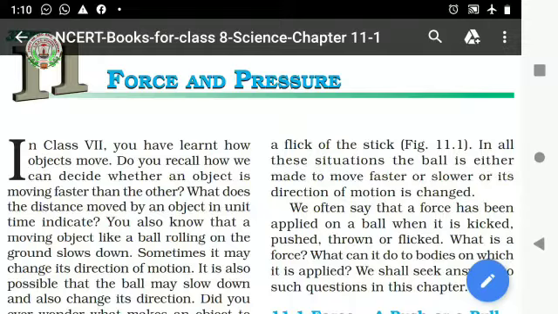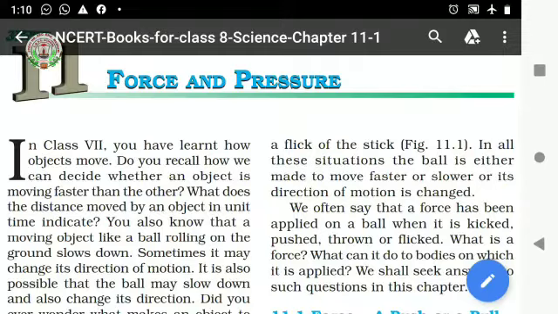In the previous class, you have learned how objects move. Can you recall how we can decide whether an object is moving faster than the other? What does the distance moved by an object in unit time indicate?